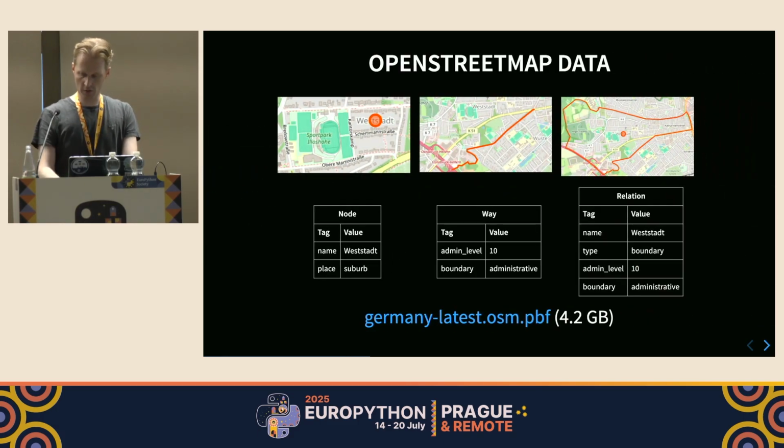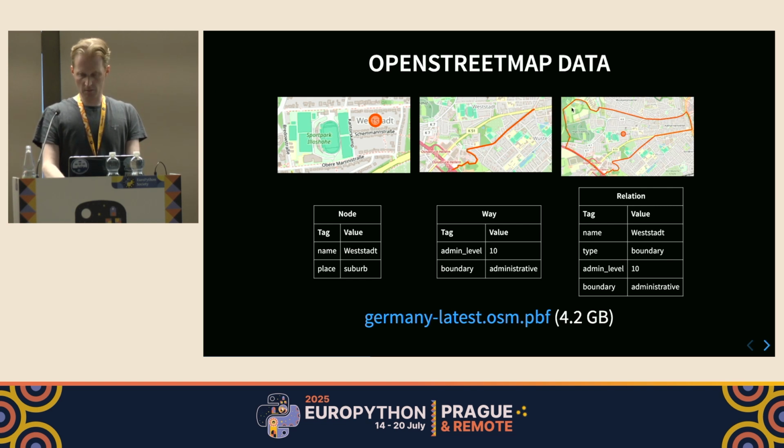Now my talk uses OpenStreetMap, and to bring you up to speed, the fundamental element is a node, which is defined by its location, meaning latitude and longitude. The next element is a way, it's a collection of nodes.